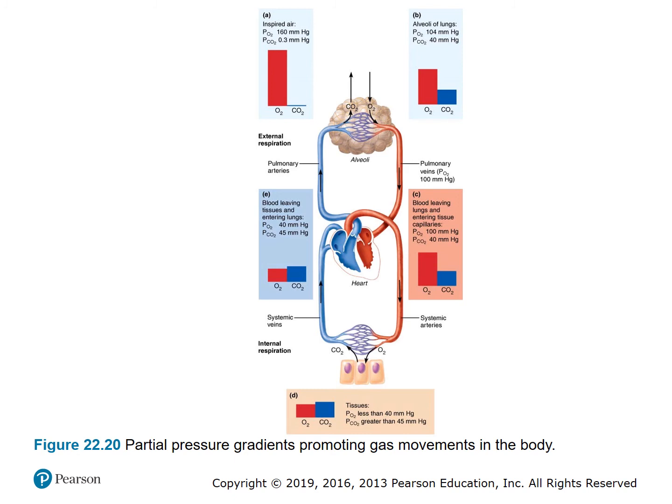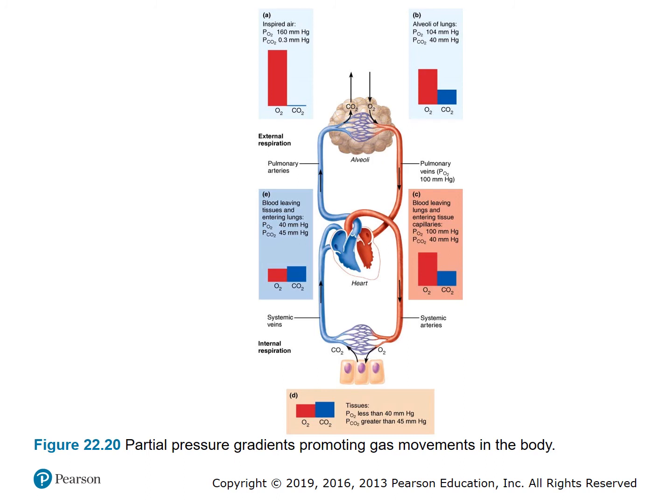Here we have figure 22.20, partial pressure gradients promoting gas movements in the body. If you notice for the inspired air, the partial pressure of oxygen versus CO2, obviously there are much higher O2 levels going in than CO2 because of the atmosphere.